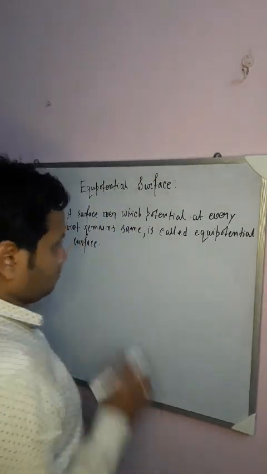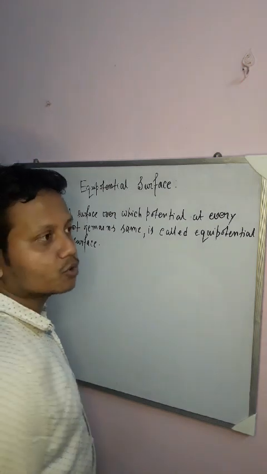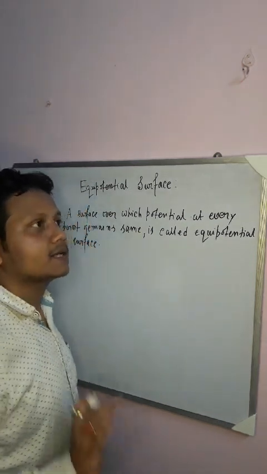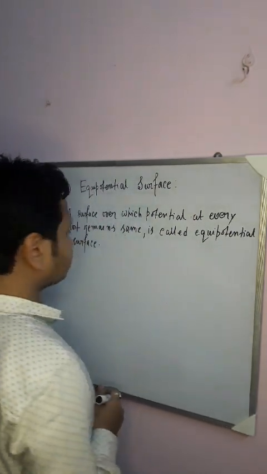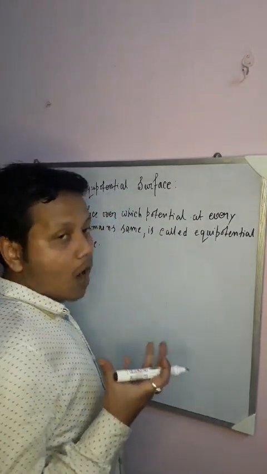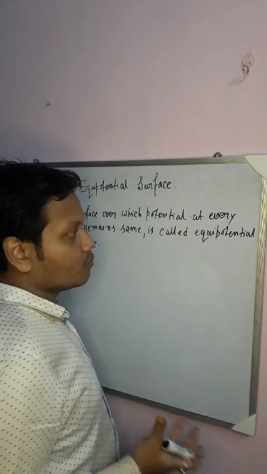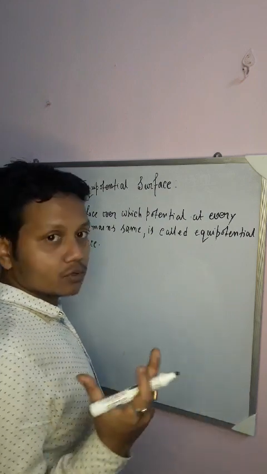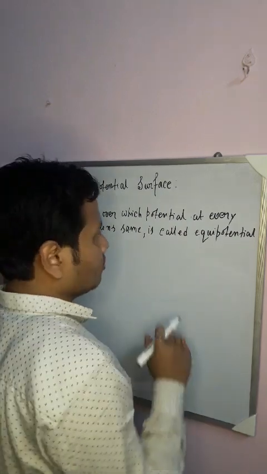Now there are a few important properties of equipotential surface that we have to understand. The first property is that the work done in taking a charge from one point to another point in an equipotential surface is always zero.